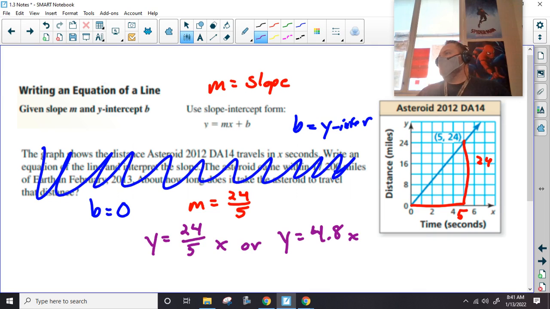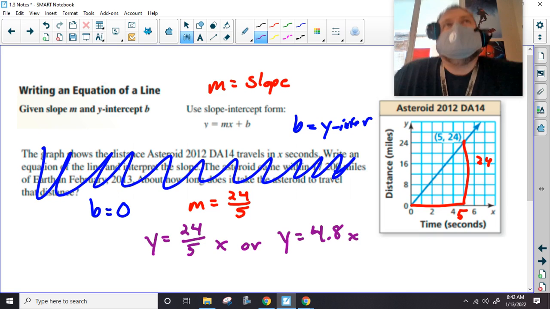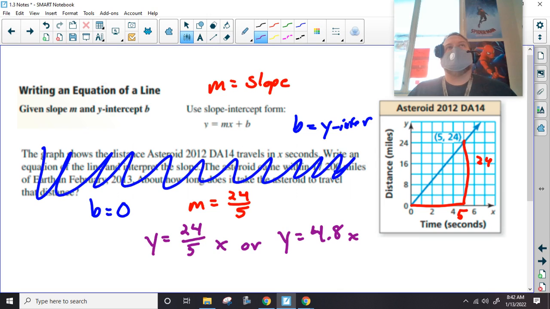Okay. Things on the test, there's like 2 or 3 of these. You'll see it on the practice test next week, where you will have to look at this, come up with the equation. It's not that bad. Things of that nature.